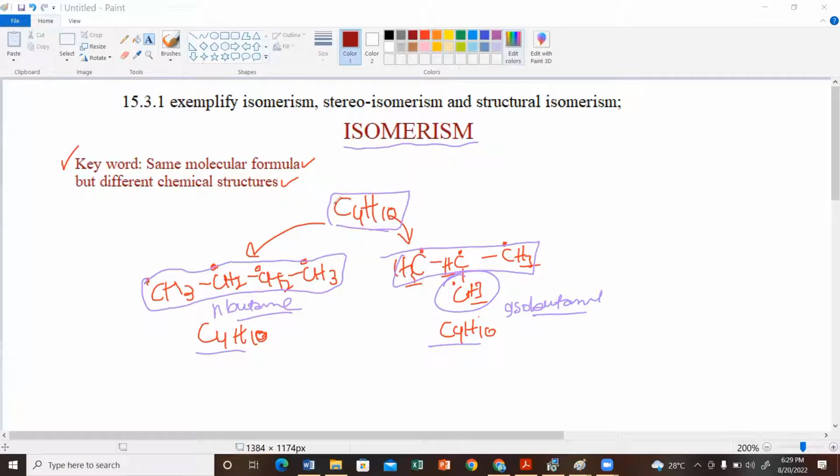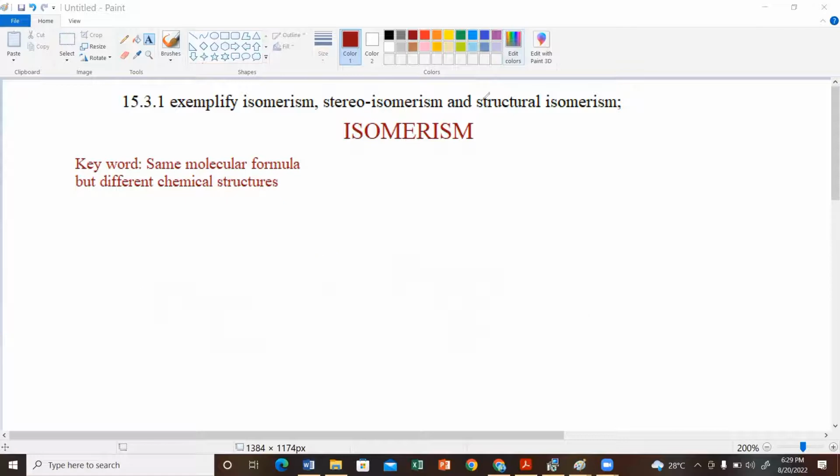Now, there are different types of isomerism, and we would understand stereo and structural isomerism. The isomers are divided into 2 categories on the basis of connectivity. The first one is when connectivity is same. What does it mean?